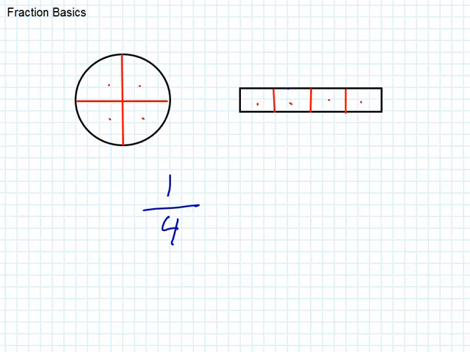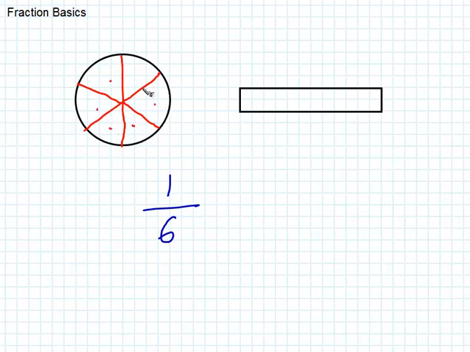Let's see, I can go a couple more that work out evenly here. How about a sixth? If I want to do a sixth, I chose that because it'll come out even over here. Well, first, it's like dividing it in half and dividing each of these halves into thirds. Okay, so there's 3, and here's 3 more. 1, 2, 3, 4, 5, 6.